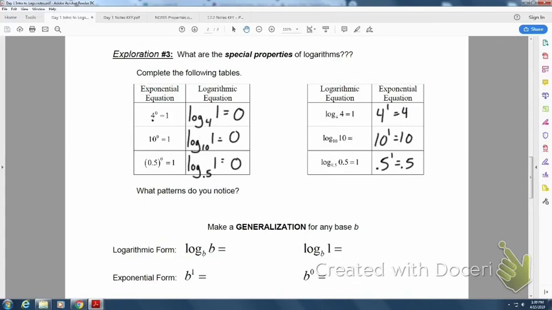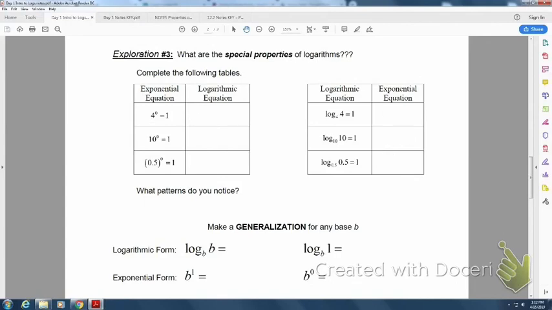I don't know that that's 1. I can ask myself, 10 to the power of what is 10? And I know 10 to the power of 1 is 10. Okay, and so there's going to be some of those that are really easy to figure out without freaking out that all of a sudden now instead of just a letter in an equation, now you got a whole word sitting in an equation.